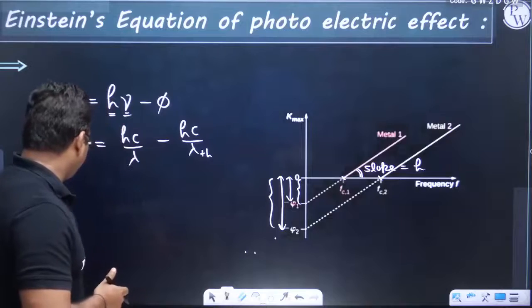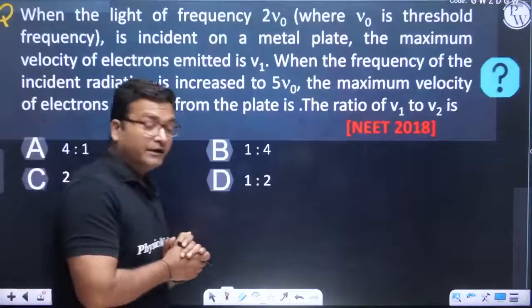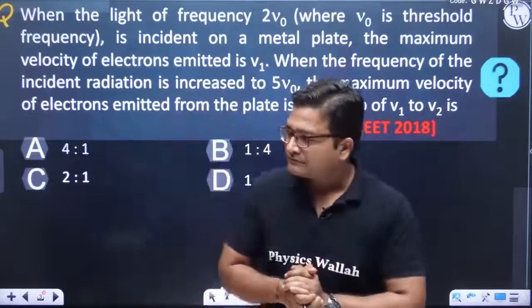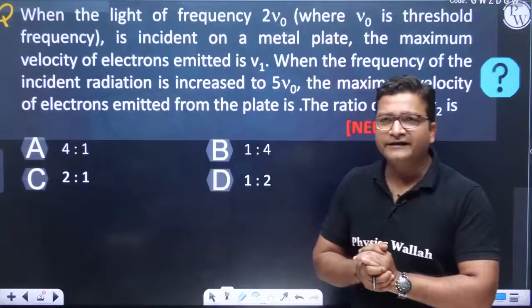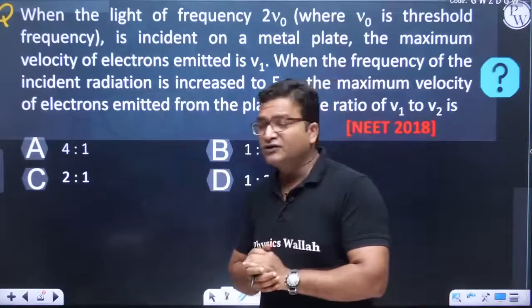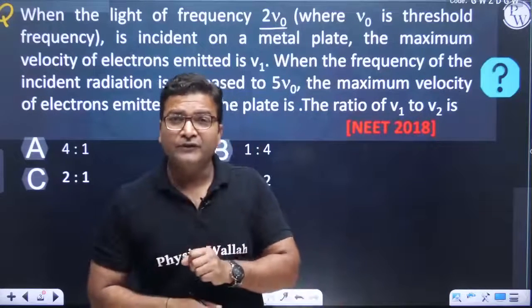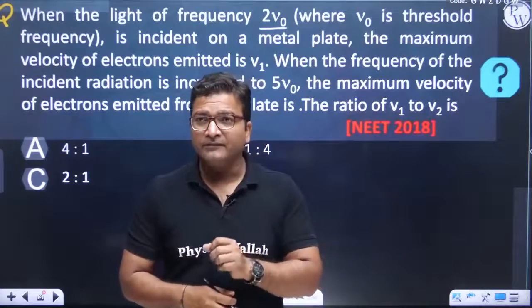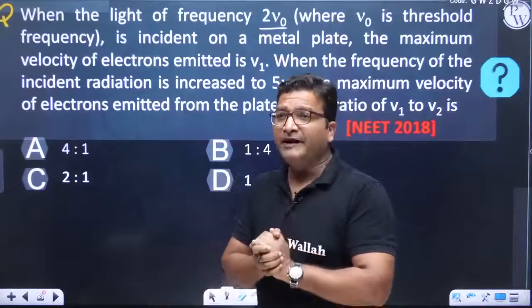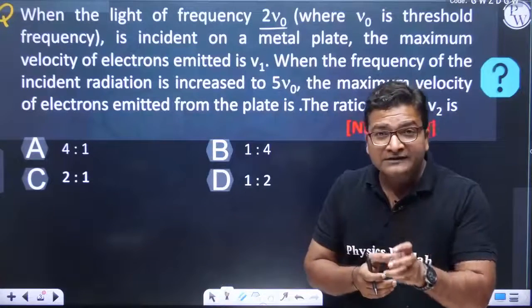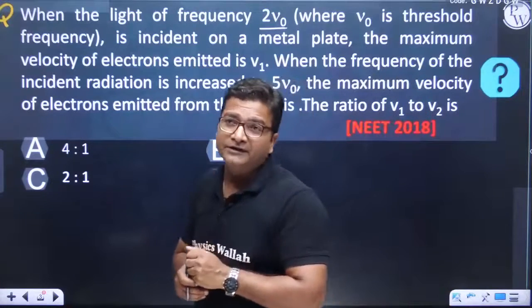Let us now solve a few problems based on this concept. In this question they say light of frequency 2 nu naught, where the threshold frequency is only nu naught, is incident on a metal plate, and the maximum velocity of electrons emitted is v1.